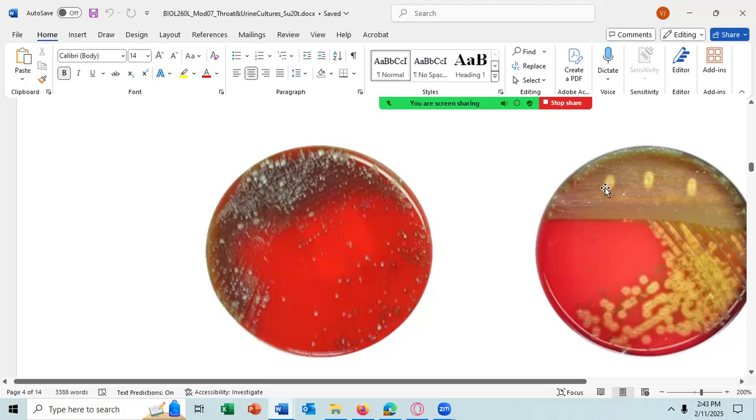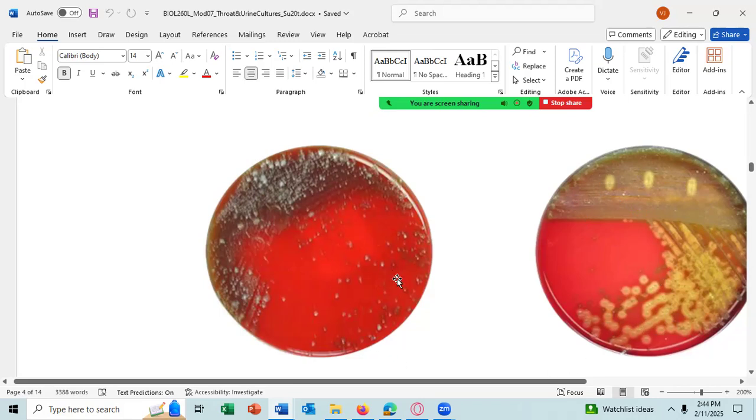You can see beta hemolysis in these streaks, but the majority of the streaking is not beta hemolysis. That's because the throat is home to many different bacteria species. So when you swab, you're going to get more than just Streptococcus pyogenes from somebody who has strep throat.